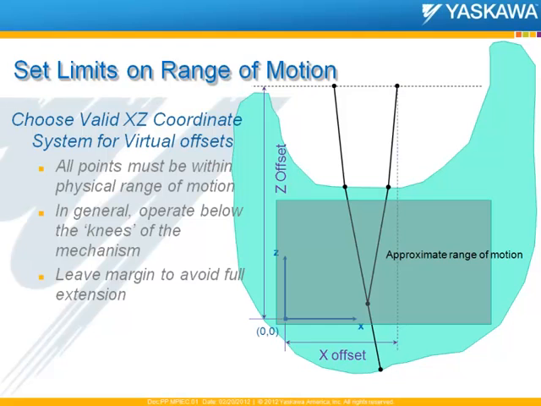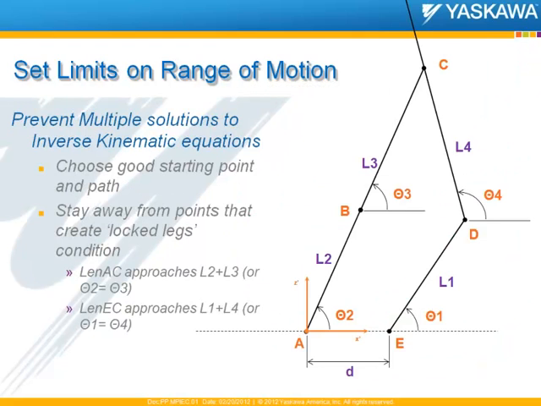There are some particular conditions, ones that can create multiple solutions to the inverse kinematics. Like this particular mechanism, you want to avoid those points that would create sort of this locked leg condition, because you could actually technically move through to the other side and bend the knee the opposite way, which sounds awfully painful, number one.